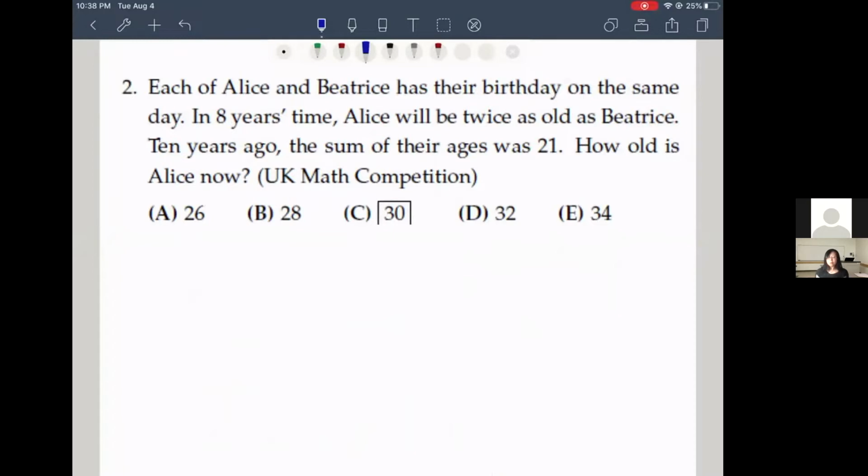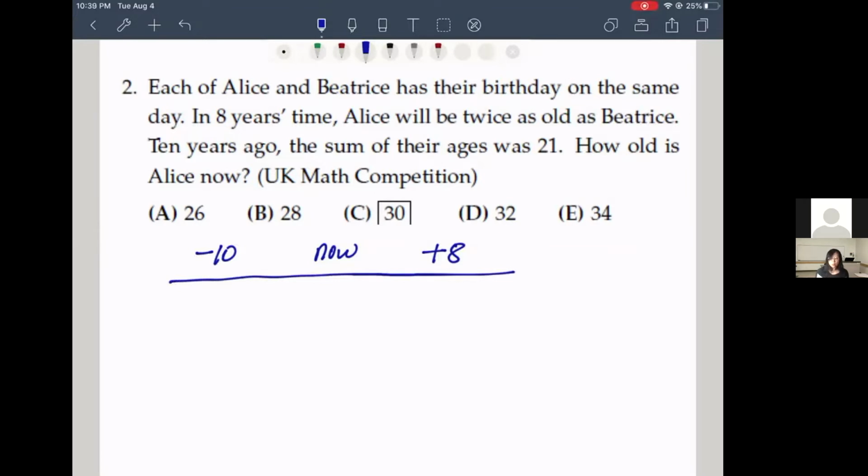Okay, so for problems like this, I would like to use tables. And when I use tables, I put now. And in this problem, I have 10 years ago, minus 10, and then I have in 8 years, 8 years later, plus 8. Okay, so these are the 3 time points. And what else?